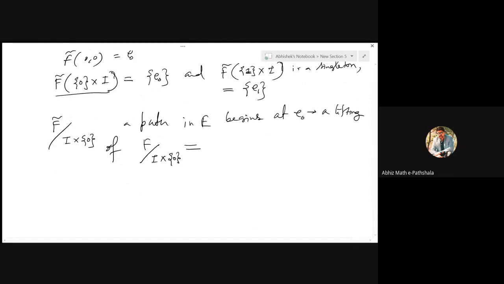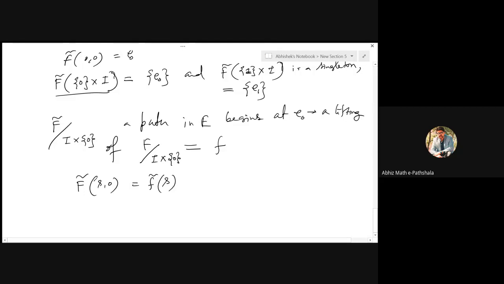So by the uniqueness of path liftings, you will have F tilde restricted to the bottom edge equal to f tilde.